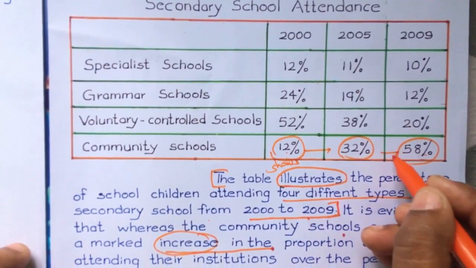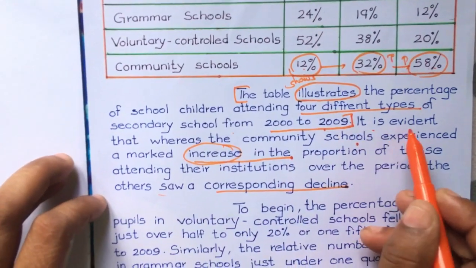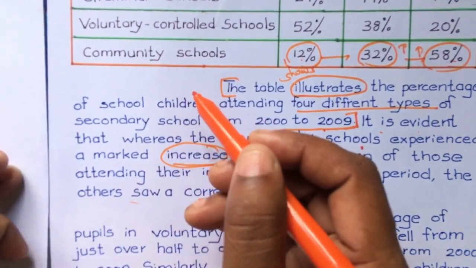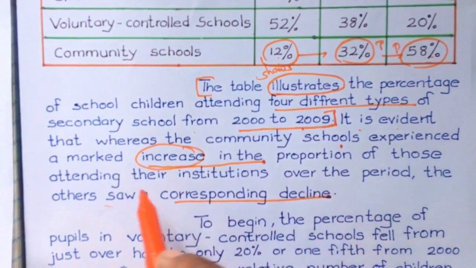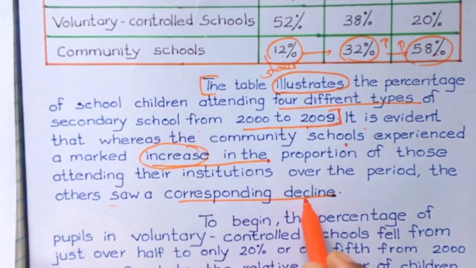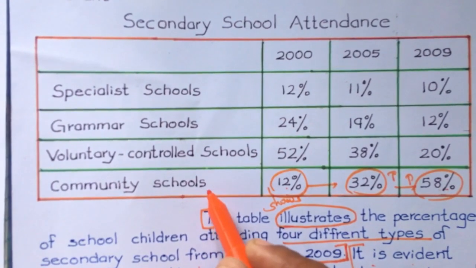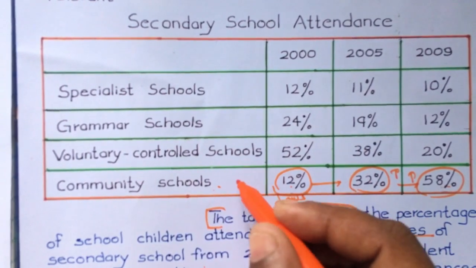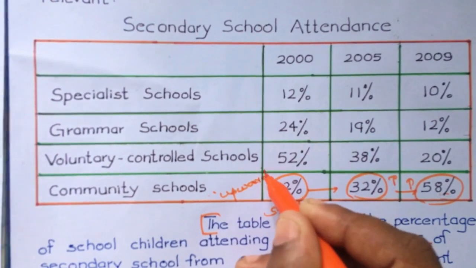How the score has increased, right? So in a single sentence, I have mentioned that only the community schools showed an increasing trend, I mean, an upward trend. You can use that way also, upward trend.